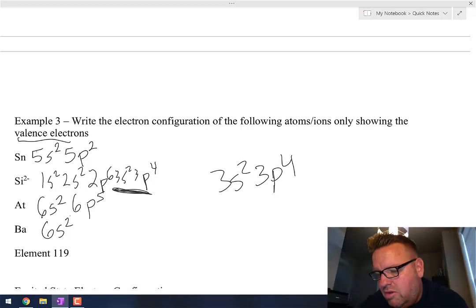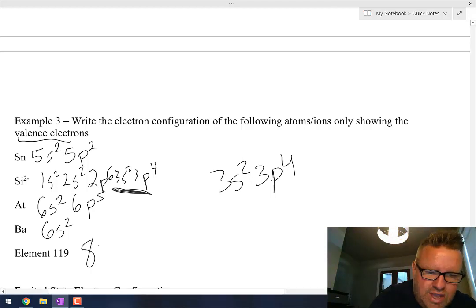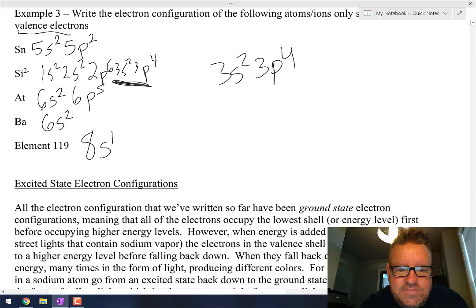Well, you go to element number 87, which is, obviously you can see it on the left-hand side of the periodic table there. So where would element 119 go? It'd go right underneath element number 87. So that would be the 8th period. So the electron configuration would just be 8s1. And that's it. So you could even do this for elements that don't even exist.